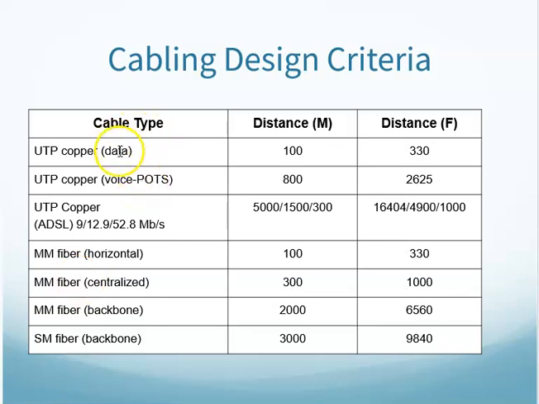We know copper for data is limited to 100 meters. Multimode fiber for horizontal is limited to 100 meters. It's capable of more, but limited to that. For multimode fiber for backbone, we're capable of a lot more distance to connect closets together, potentially two buildings together. Think about the campus connecting Blocker and Hall Tech, or the Student Center over to Blocker, that kind of thing.